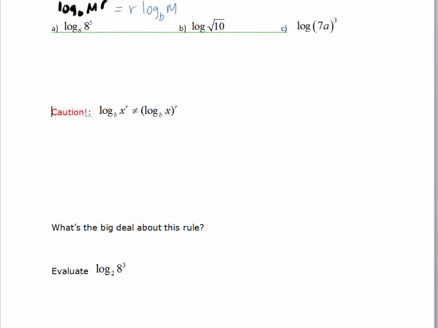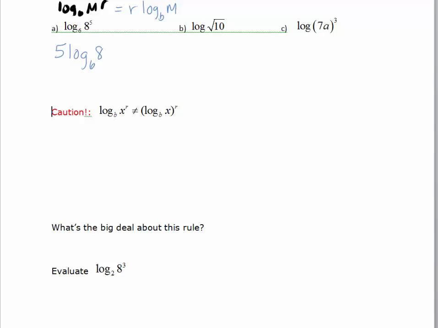And so for this expression right here, the 5 is going to come down in front as a factor: 5 times the log of 8 base 6. So generally when you're asked to expand a logarithmic expression, you take any radicals and rewrite them as powers.